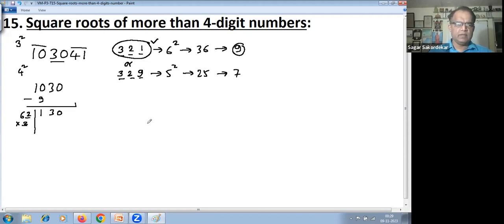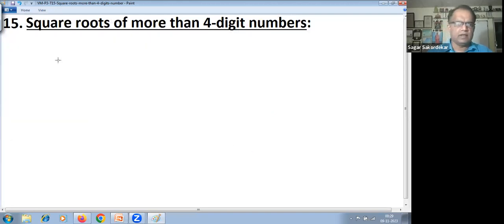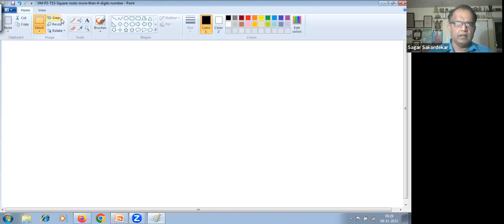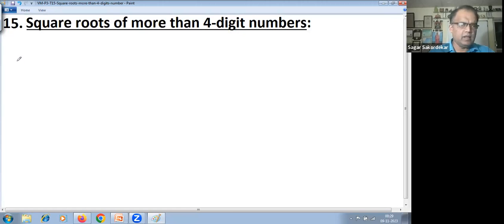So the first three examples that we have taken here were with a 6-digit number: 1, 2, 3, 4, 5, 6. So the square of any 3-digit number, we said, will be either 6-digit or 5-digit. So next example, 15129. If you see here, it is just 5-digit: 1, 2, 3, 4, 5.